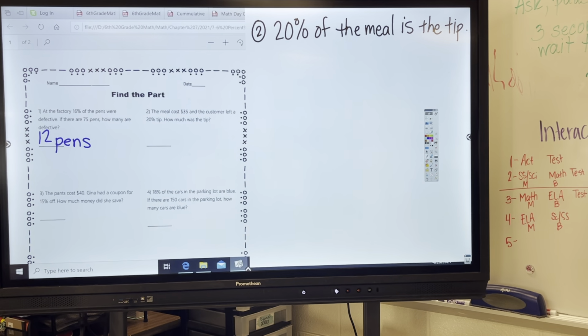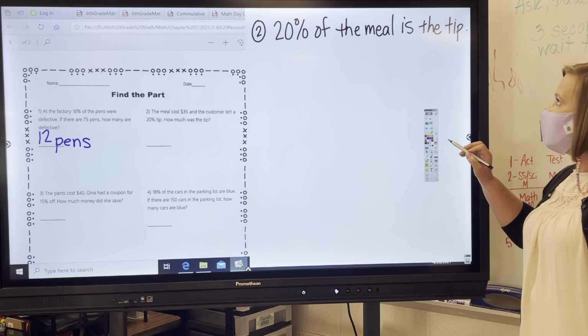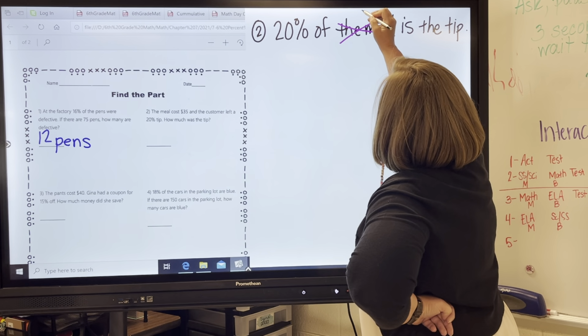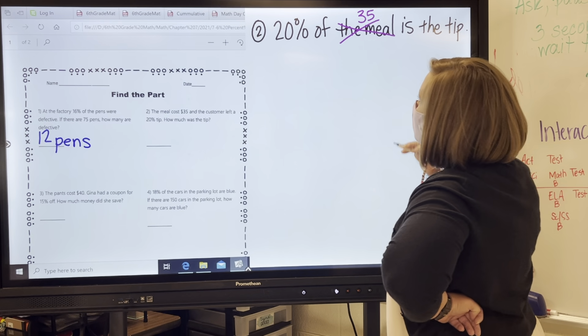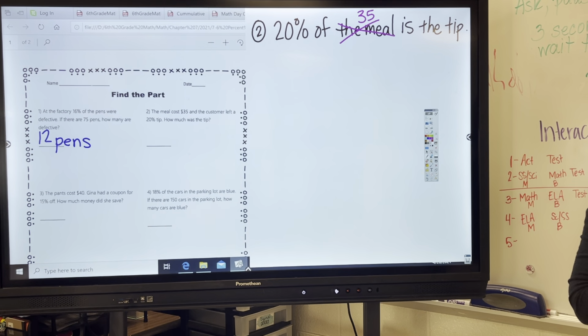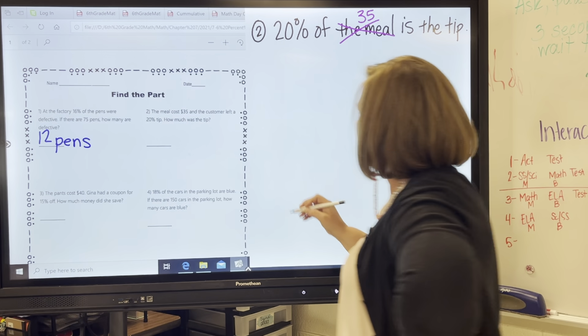Does it tell us how much the meal or the tip is? Tells us one of them. Which one does it? Cost $35. The meal costs $35. So I'm gonna mark off meal and I'm gonna put what? 35. What am I gonna do to the 20%? Make it a decimal.